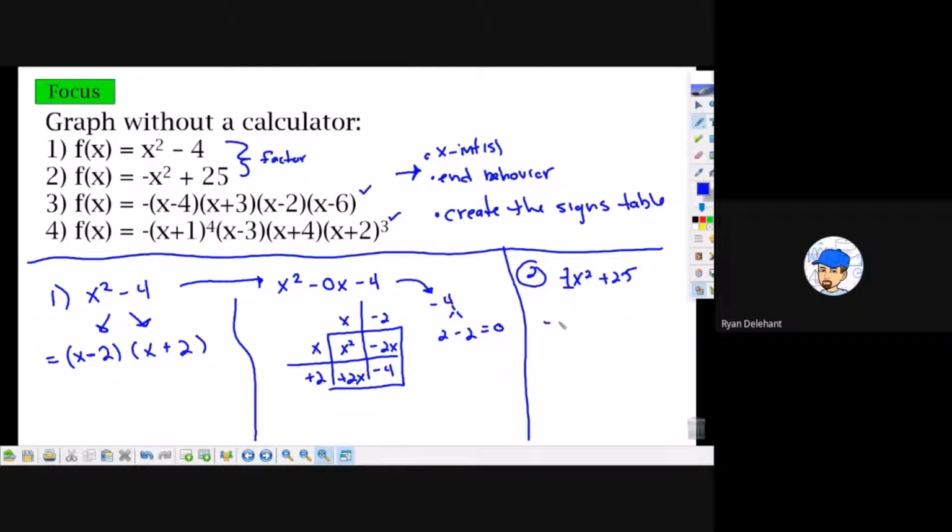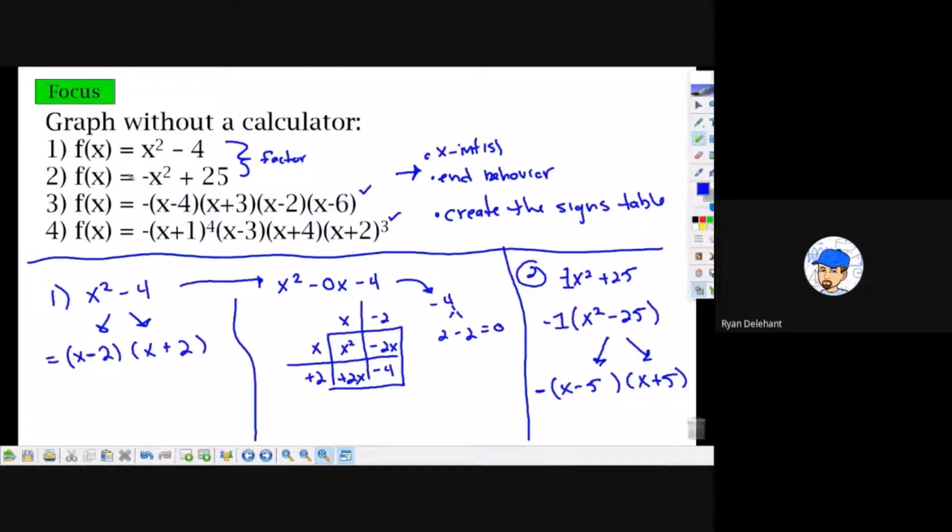We can factor that negative 1 out of both of those, and now that becomes the difference of squares again. Now we can factor this into the two parts. We just have this negative out front that we didn't have before. So this becomes negative times x minus 5, x plus 5. And then we're going to use that to find our x-intercepts so we can list them, okay?